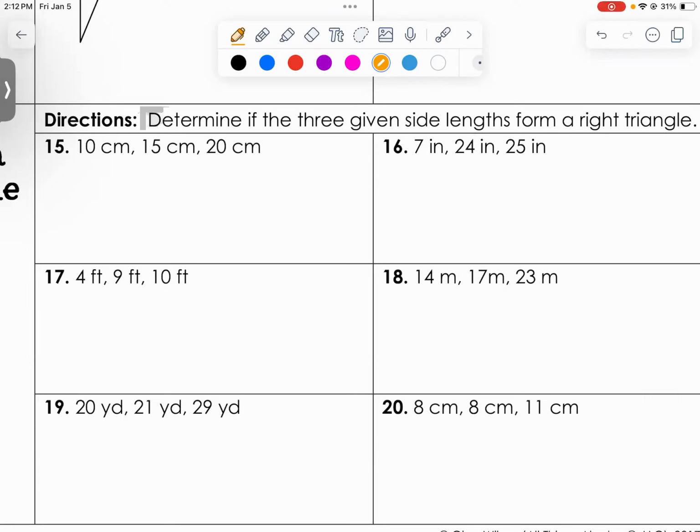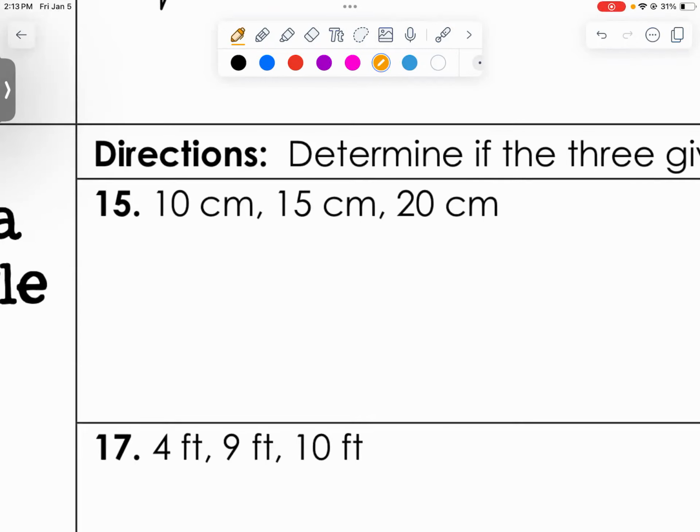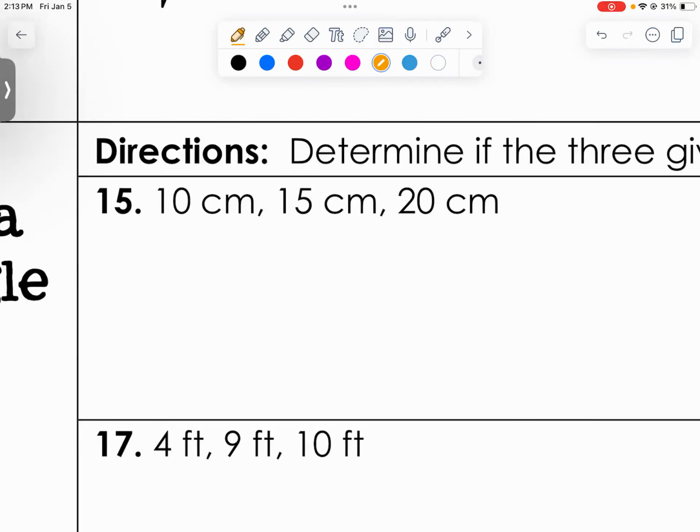Well, if the Pythagorean theorem works, it's a right triangle. If the Pythagorean theorem doesn't work, it's not a right triangle. So if we look at number 15, how do I know which one is the hypotenuse? It's the longest one. So we're just going to say the longest one is c, and the other two are a and b.